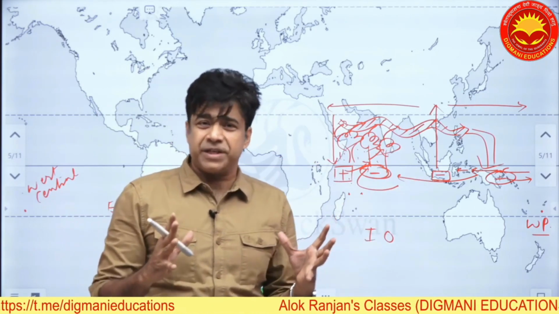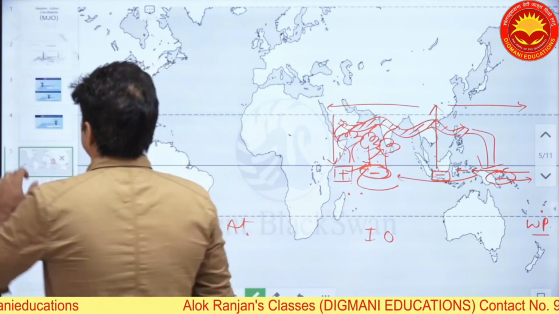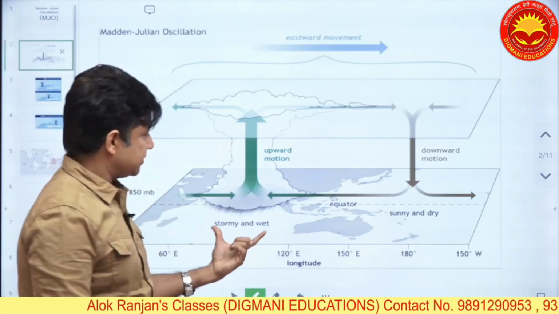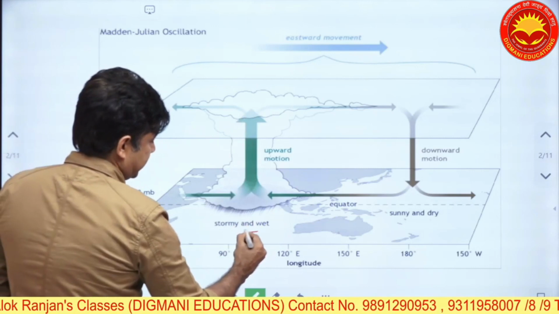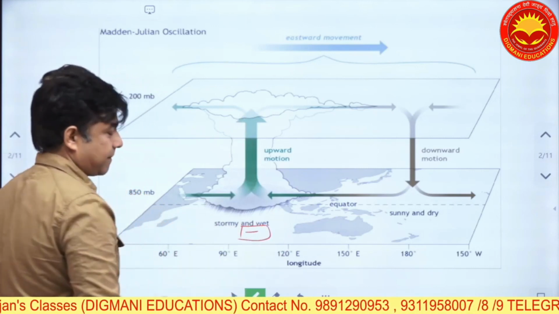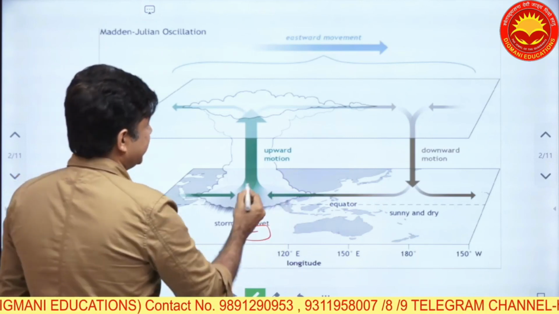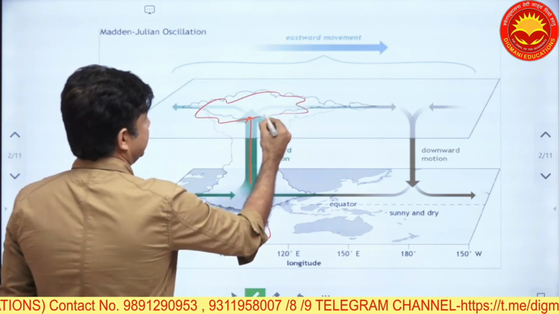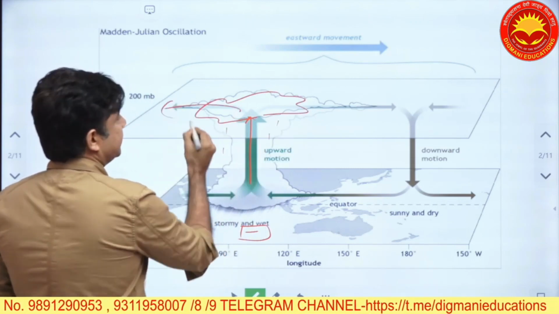For better clarification, I have certain diagrams for you. So you can see the diagram here. This is what I was talking about. This part is the negative point or the negative dipole from where the convergent air is rising and you will have cloud formation here, and it is raining in this area, and you will have divergence of air.